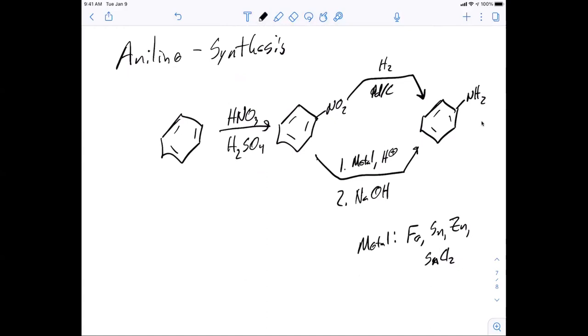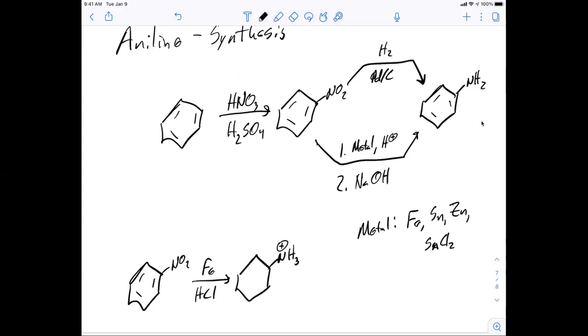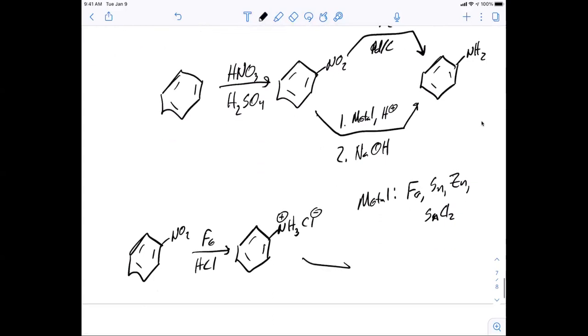You have to add the sodium hydroxide in the second step here because the product of the acid reaction would be the protonated form. So if we take this and react it with iron and HCl, the product of this reaction is going to be the protonated amine. Right, so therefore we add the sodium hydroxide to neutralize that and get back to the free amine.